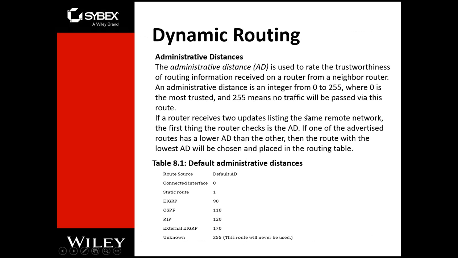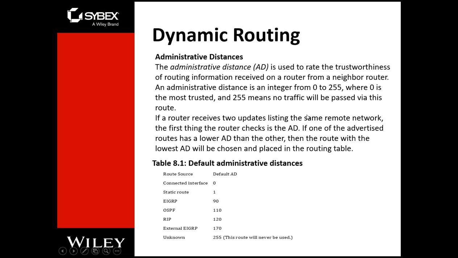Okay, let's see. Dynamic routing, again, is part of the routing protocols, and different routing protocols have different administrative distances. You should know the administrative distance for a connected interface, for a static route, for EIGRP, OSPF, and RIP.